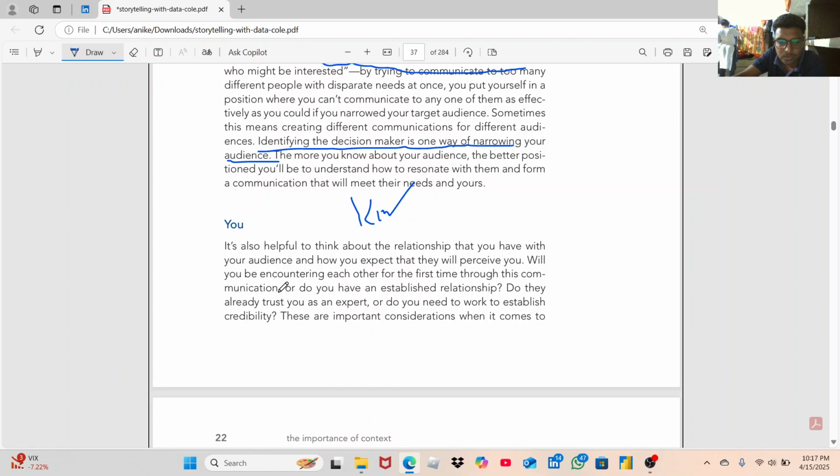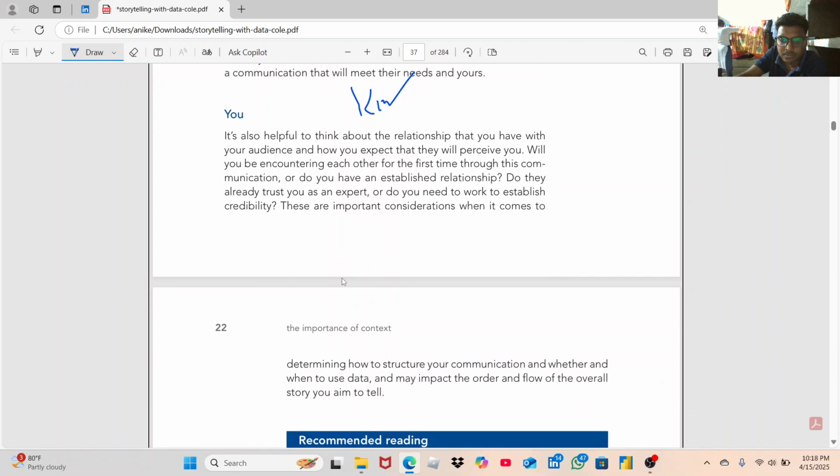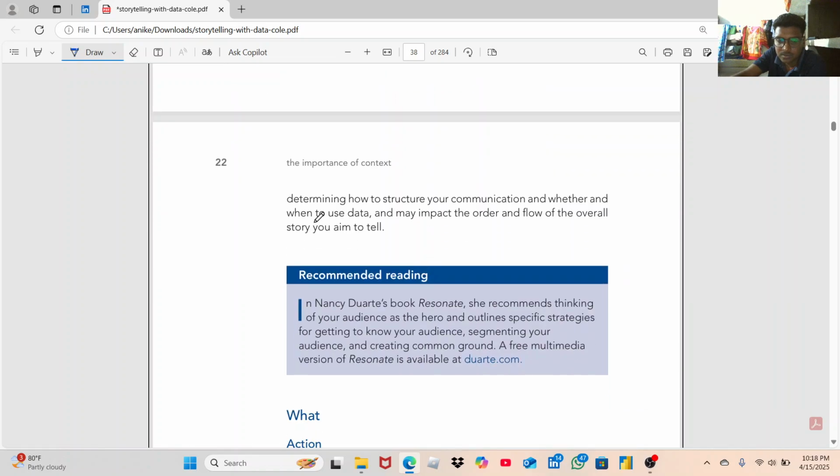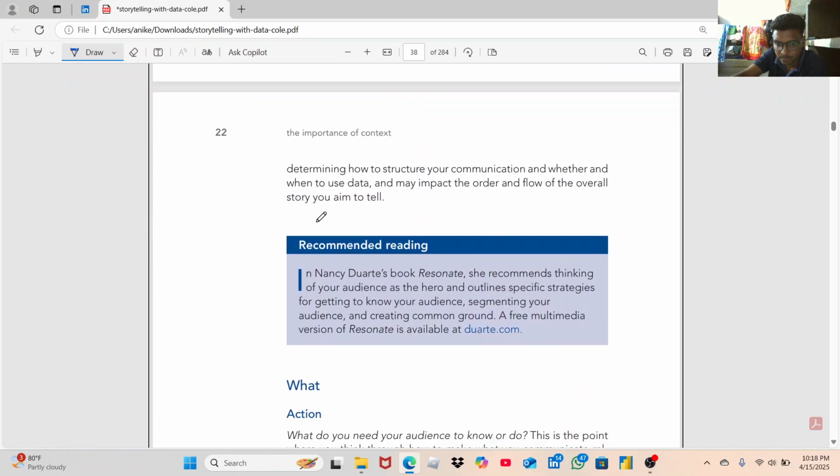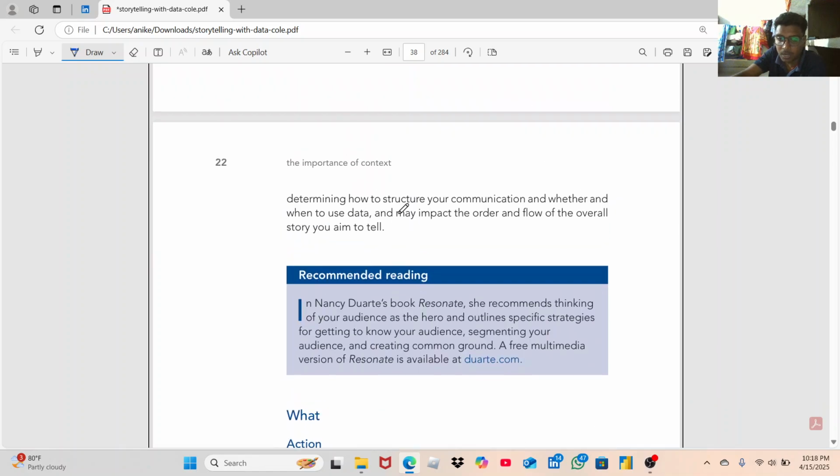Will you be meeting each other for the first time through this communication, or do you have an established relationship? Do they already trust you as an expert, or do you need to work on establishing credibility? These are important considerations when determining how to structure your communication.